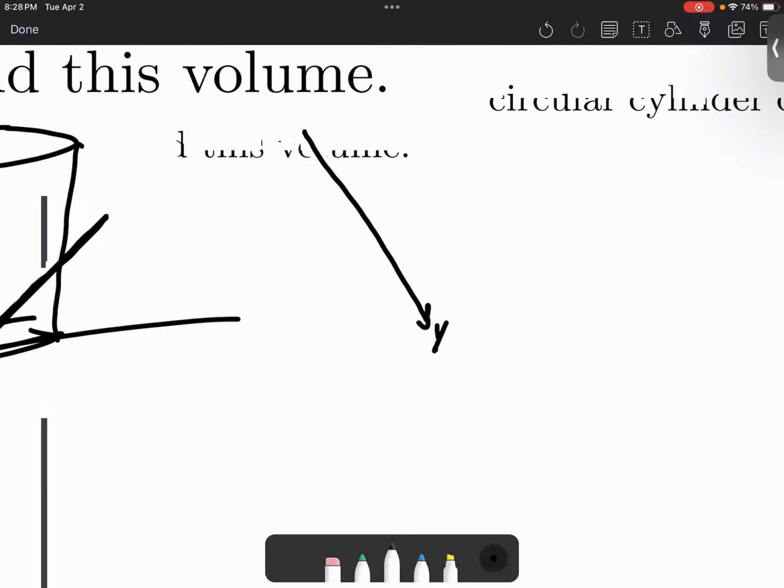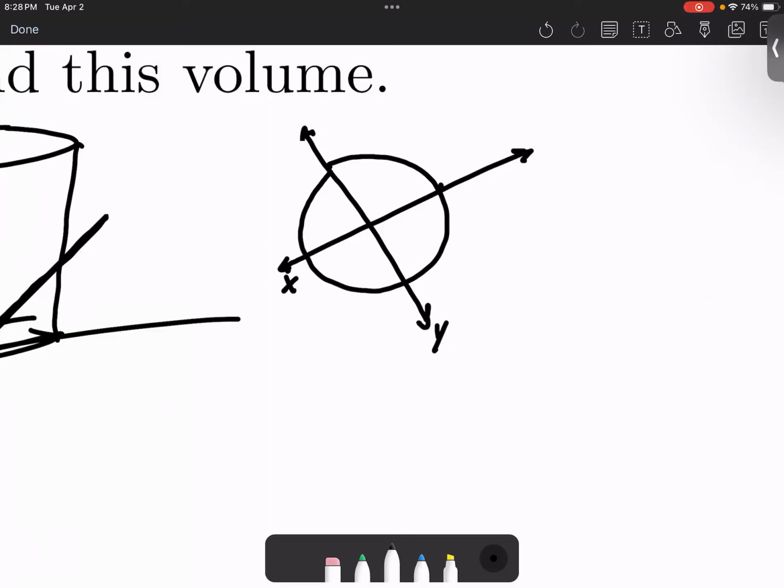Here we have our y-axis and our x-axis, and we have a right circular cylinder sitting on top of that. Here's -3, here's 3. This circle is generated by x squared plus y squared equals r squared, or 9. This y value is 3, this y value is -3.